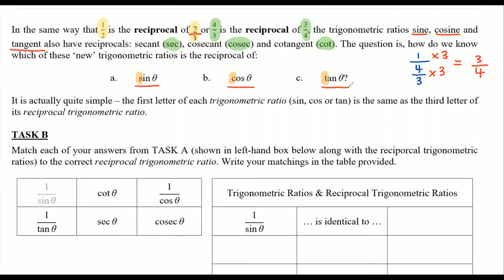Now, that's what I want you to do next. So task B is you're going to take the information that I've given you in the table on the left here, and I want you to write the trig ratios and their reciprocals. Okay? So in other words, 1 over sine theta is identical to, is it sec theta, cosec theta, or cot theta?